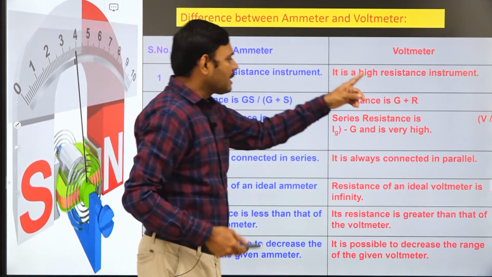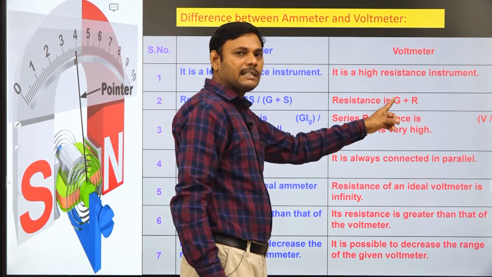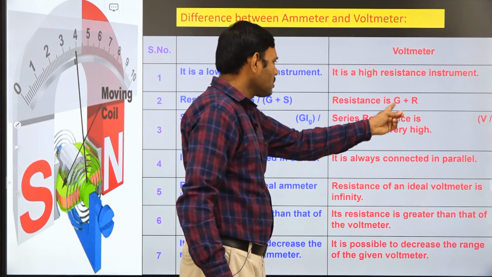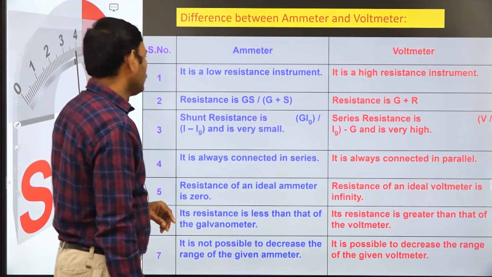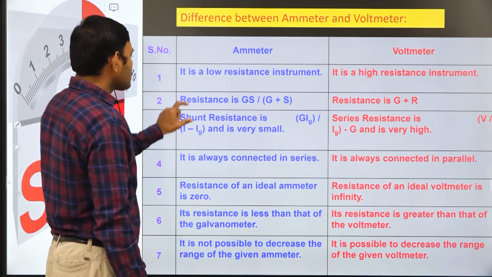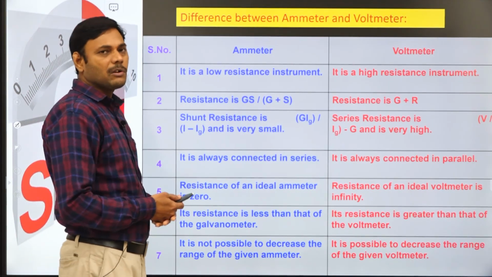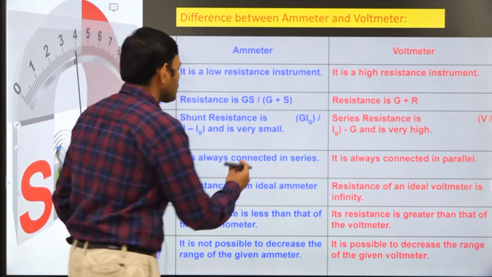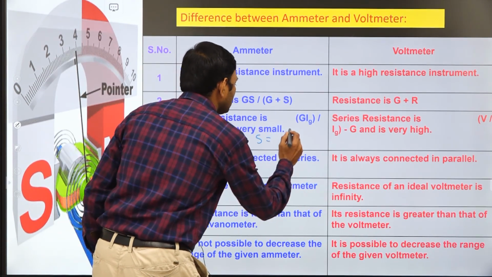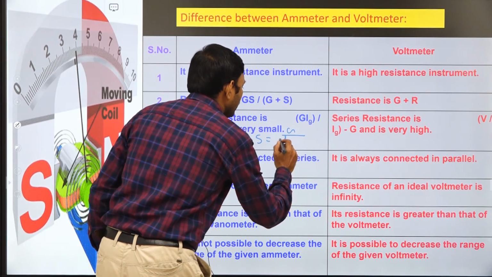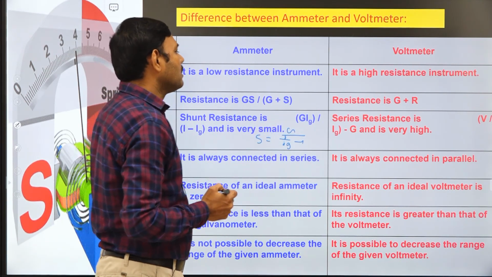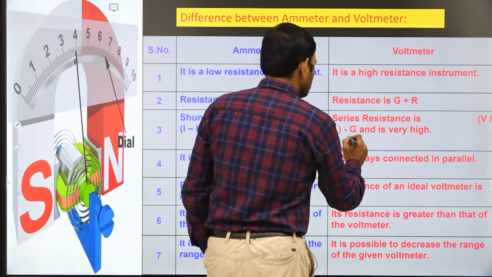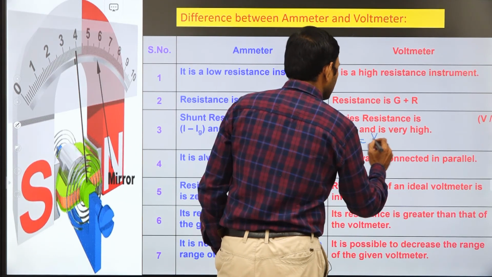In the voltmeter, G is the galvanometer and we connected a resistance R in series, so G plus R is the resistance of the voltmeter. The shunt resistance is S is equal to G by (I by Iz minus 1), and the series resistance is V by Iz minus G.